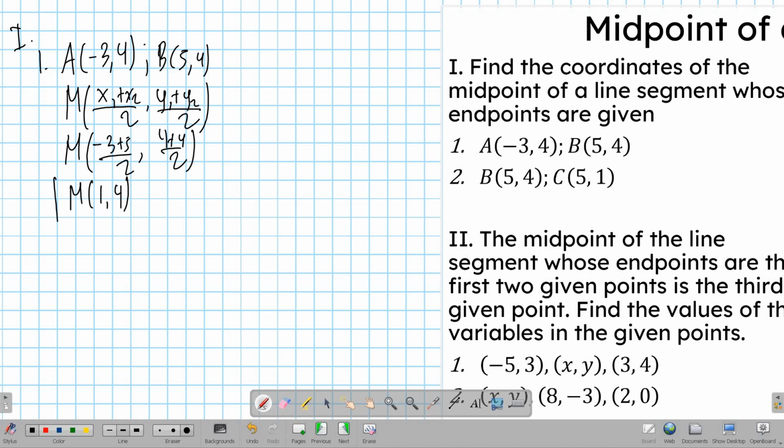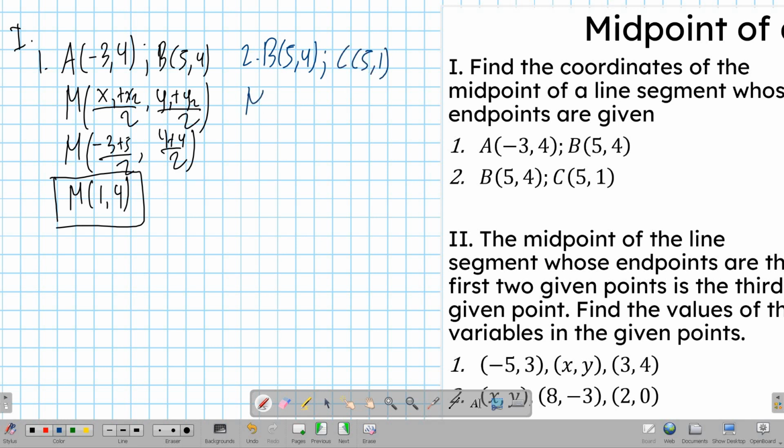So therefore, the midpoint of this line segment is at M with coordinates 1, 4. So pause the video and try to solve for the midpoint for number 2. So, if you were able to see that, we have the same point B, assuming that you've already solved it.